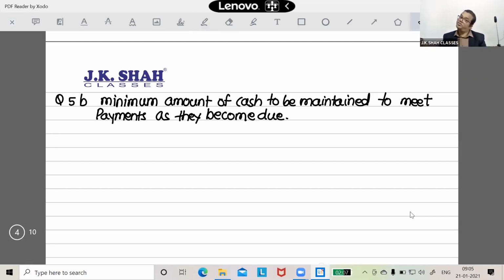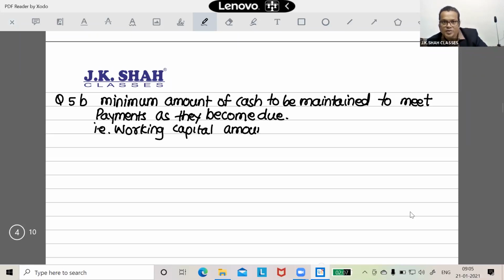What do they mean by this? Minimum amount of cash to be maintained to meet the payments as they become due. That is simply the working capital amount to be maintained to manage the expenses.